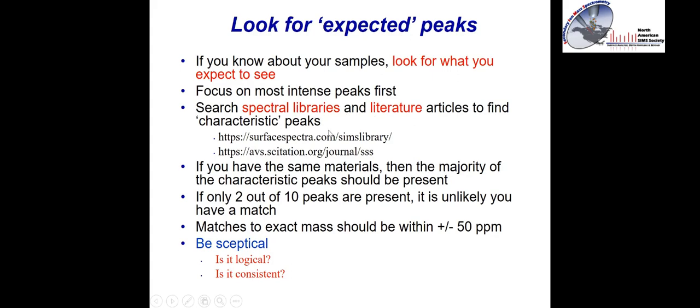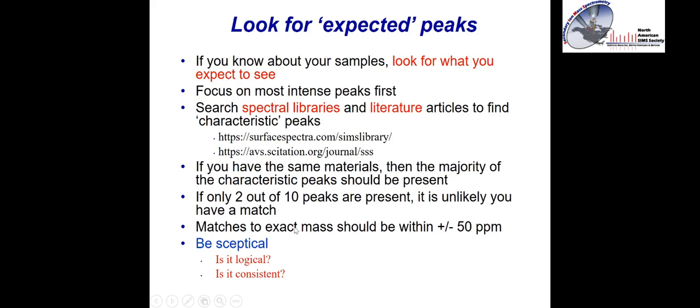And then there's also the spectral libraries. If you do use spectral libraries, or you have a paper or previous research where you know a set of characteristic peaks, it's important that you are able to find the majority of those peaks to be able to make a match. If you only see 2 out of 10 characteristic peaks, it's unlikely that you have a match.